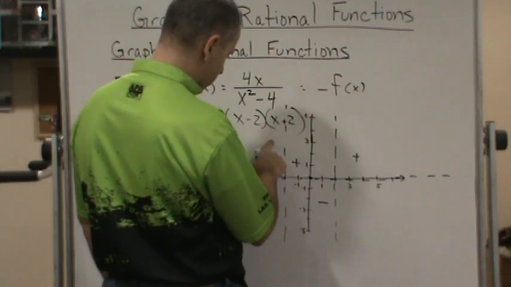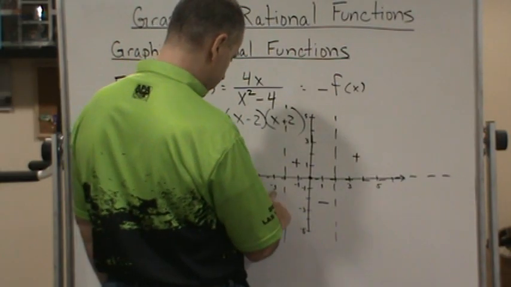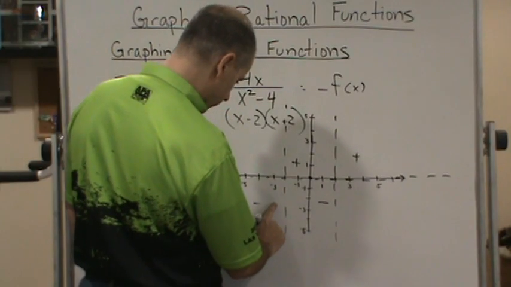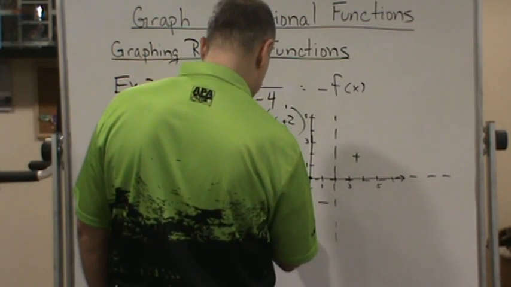So it's negative 2 2/5. Down here. So it's going to be right around here, I guess.